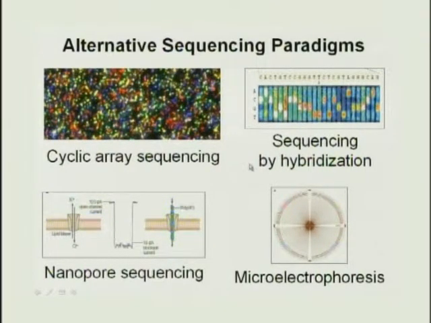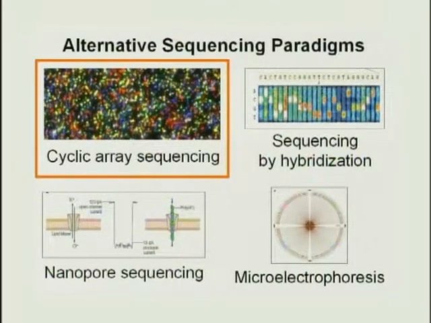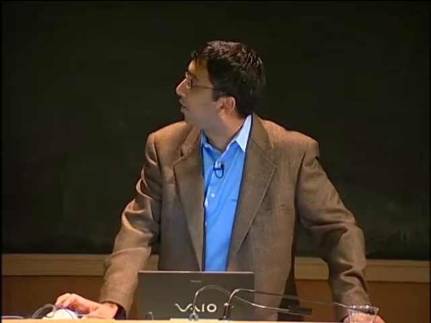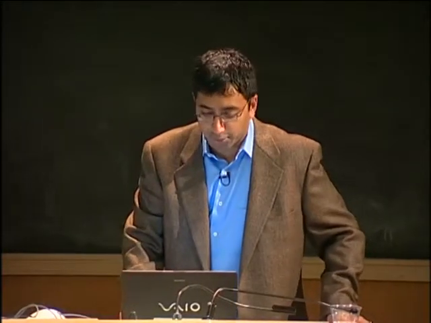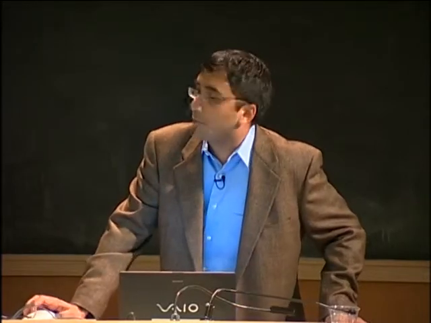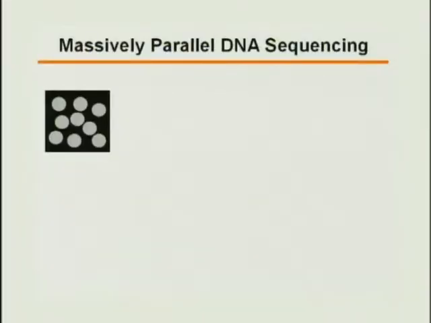And then the approach I'm going to focus on today can be lumped under a single term, cyclic array sequencing. I'll tell you a little more detail what I mean by this. We tried the term cyclic array sequencing pretty early on, but it didn't really stick. And so people tend to refer to this as either next-generation sequencing, second-generation sequencing, or massively parallel DNA sequencing.